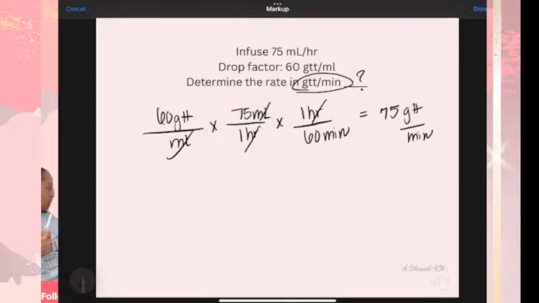I can only be me. Alrighty. All right. Let's see.